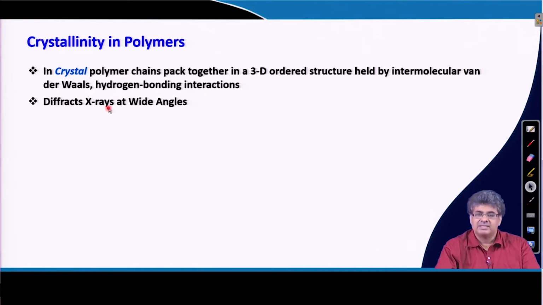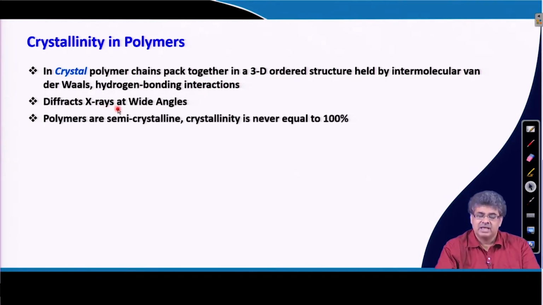Crystals diffract X-rays at wide angles, and as I have discussed earlier also, polymers are only semi-crystalline. 100% crystalline polymers are not possible because of the large molecular weight of the polymer, and in general in a polymer melt the polymer chains remain as an entangled mass.